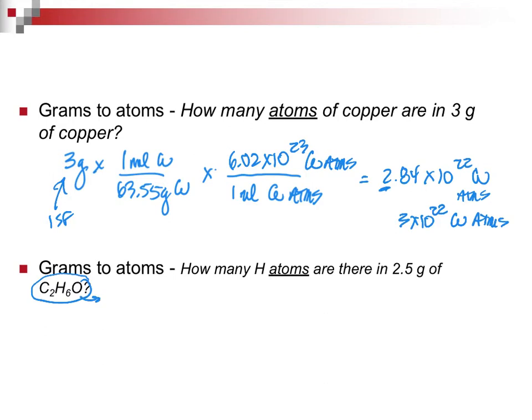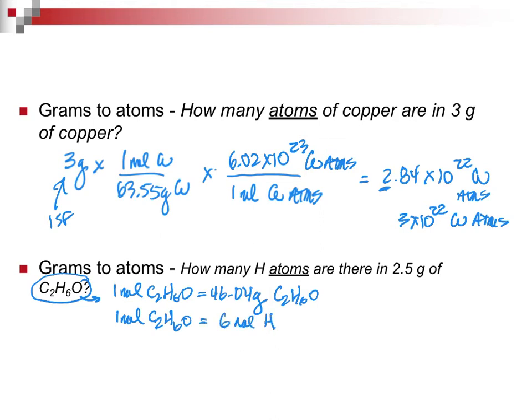Let's say that when we have this 1 mole of C2H6O, we figured out the molecular weight as 46.04 grams of C2H6O. The other conversion factor we need is we need to know that 1 mole of C2H6O contains 6 moles of hydrogen. When I look at the formula, 1 mole, you see that number 6 there.